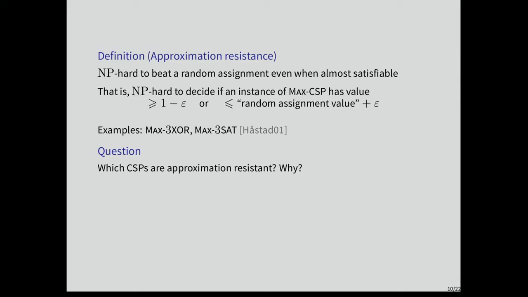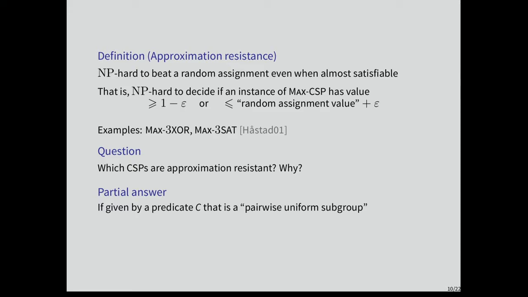One natural question to ask is which CSPs will be approximation resistant. In this workshop, you will see a lot more recent development on this question. The hardness result I'm going to tell you says that a CSP is approximation resistant if it satisfies a certain technical condition, which I call a pairwise uniform subgroup.